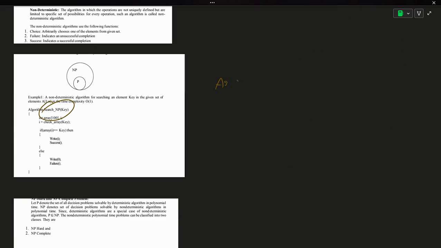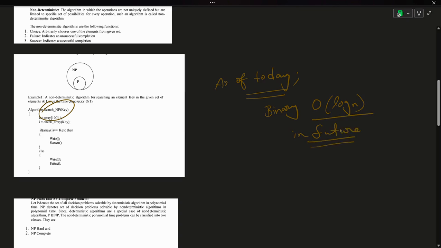As of today, the best search algorithm that we know is binary search algorithm, which takes big O of log n time. Suppose in future, someone wants to convert this binary search which takes big O of log n into big O of 1. How will he be able to do it? Let's see with an example.